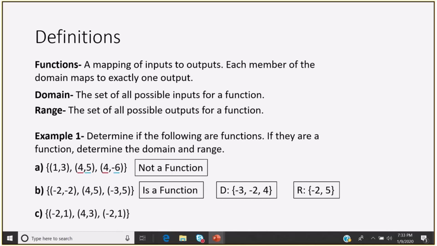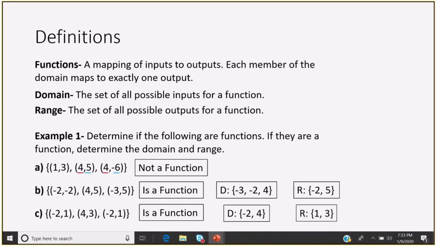Yes, we have repeated inputs, -2 and -2, but they're actually being mapped to the same output. So even though it doesn't seem like a function, those -2 to 1 and -2 to 1 are just being redundant. The truth of the matter is, no matter what, you're taking your -2 and mapping it to a single output of 1. So it is a trick question. It is a function. My domain is -2 and 4, and my range is 1 and 3.